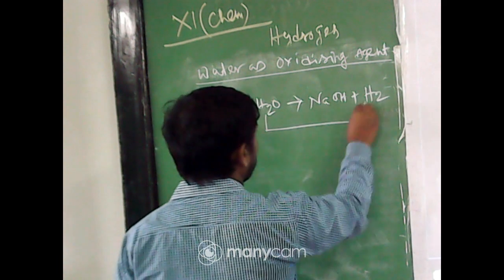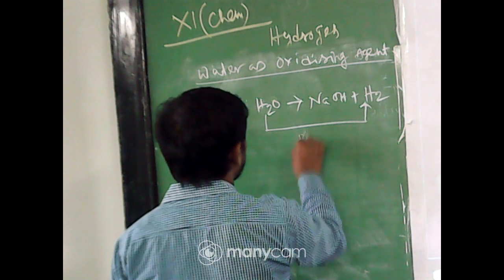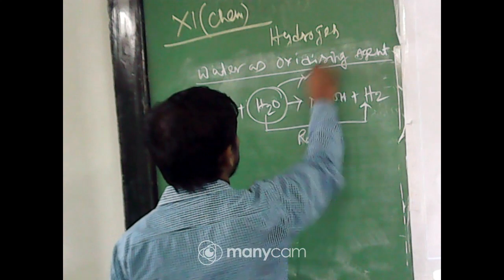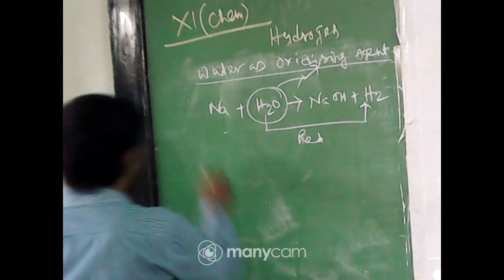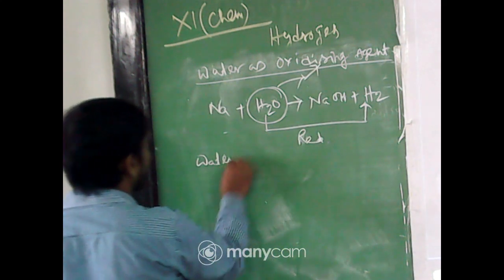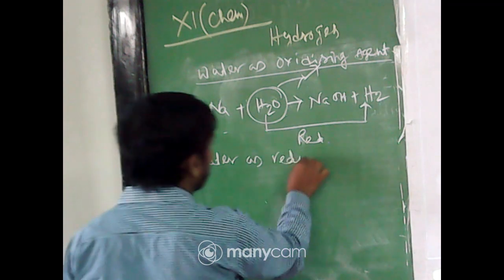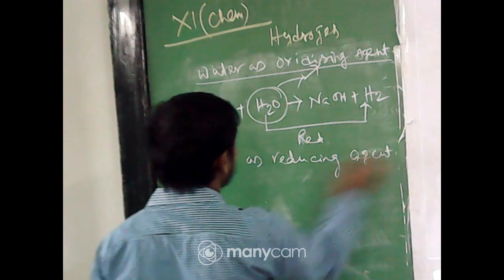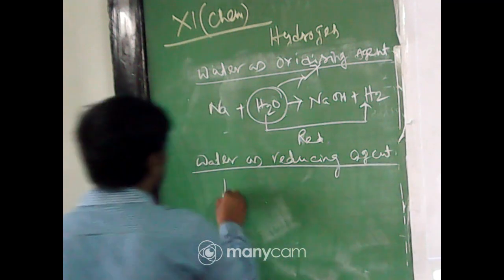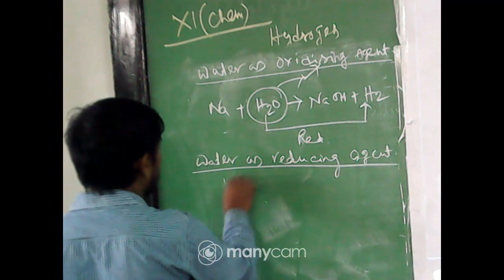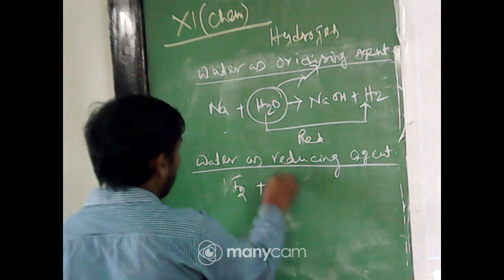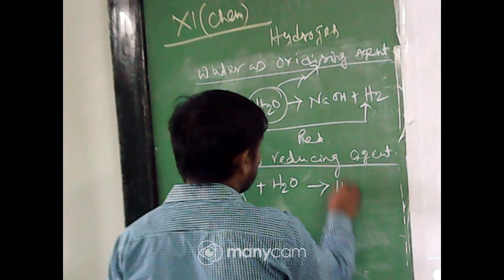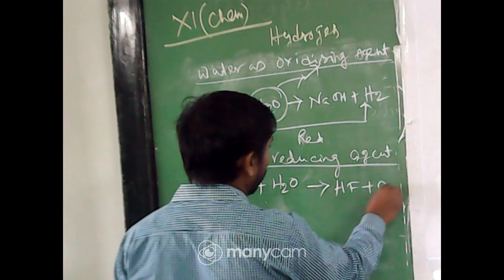Now from here to there it is the reduction. So here H2O is an oxidizing agent. Water as a reducing agent: when fluorine is there, F2 plus H2O, the product is HF plus O2.